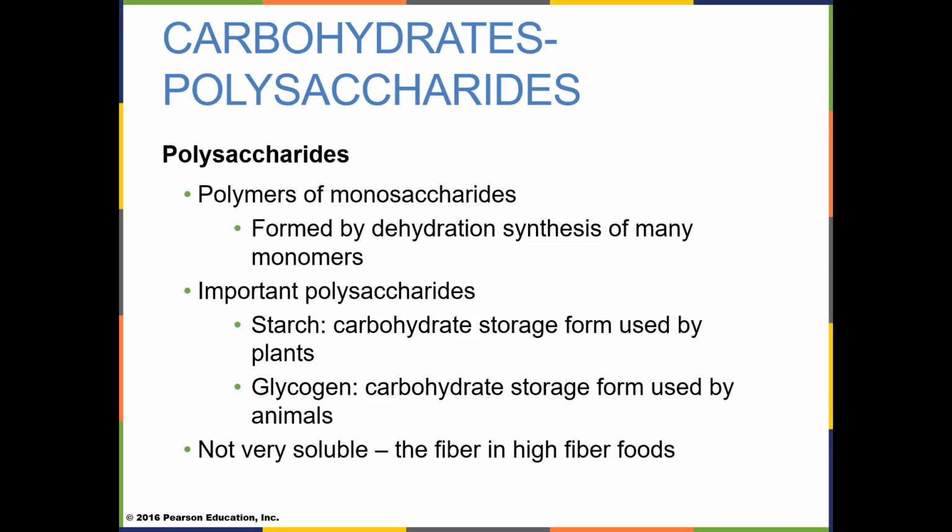We can't digest it. We eat the corn and we eat the contents out of the kernel. But the outer covering, the yellow portion or the white portion of the corn kernel made of cellulose, which is a polysaccharide, doesn't get processed. We can't digest it.